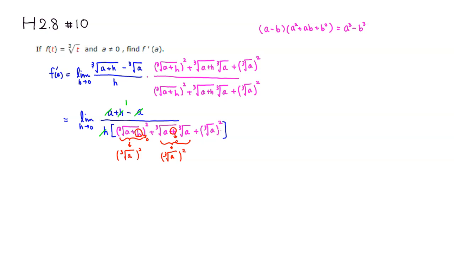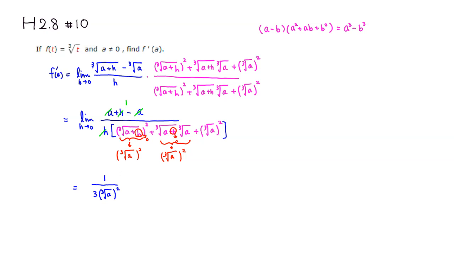And this guy has nothing to do with h, so it's going to stay exactly the same. So you have 3 of the same thing added together. The limit is going to be 1 on top, and over 3 of them, the cube root of a squared.